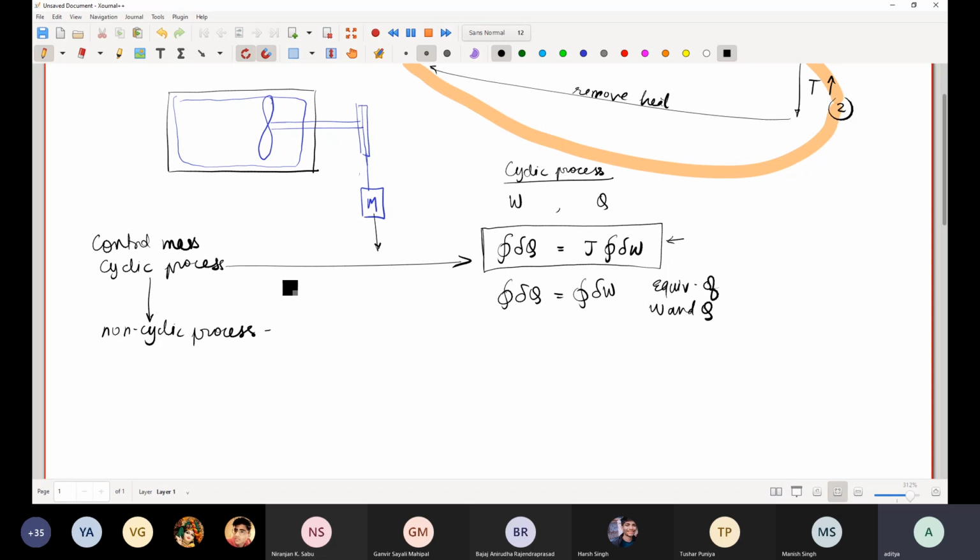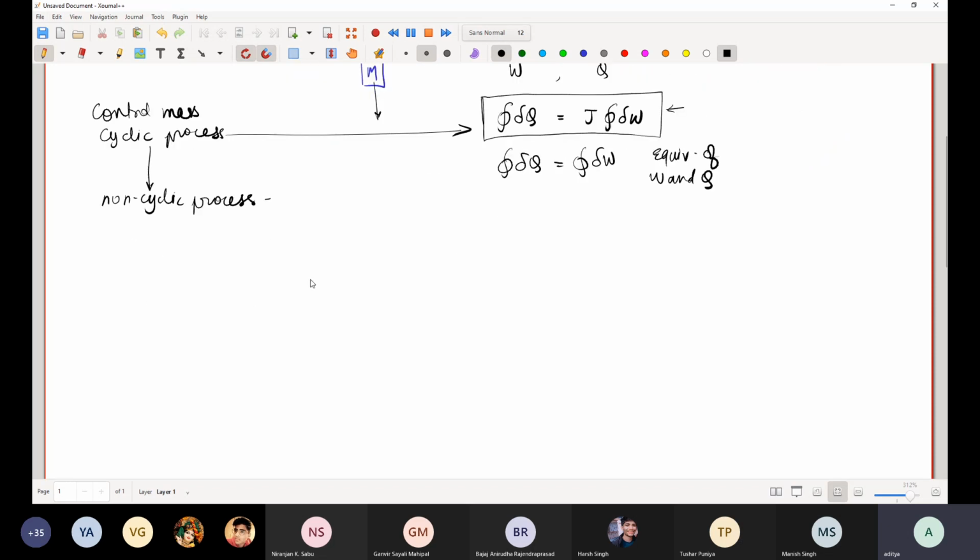All right, so let me do the following construction, where we have state 1, state 2, and PV doesn't matter.